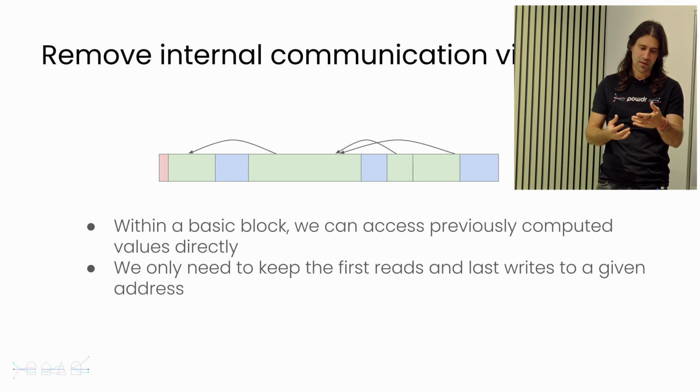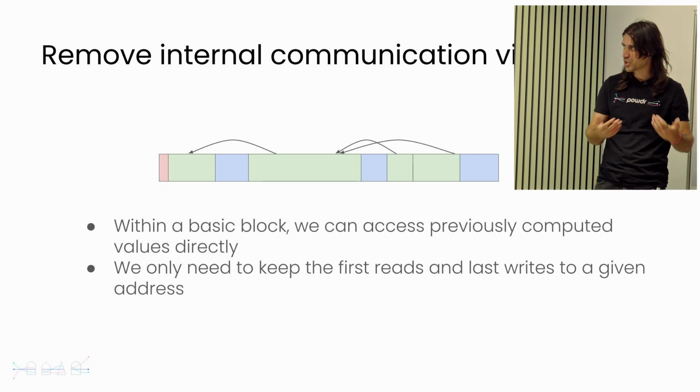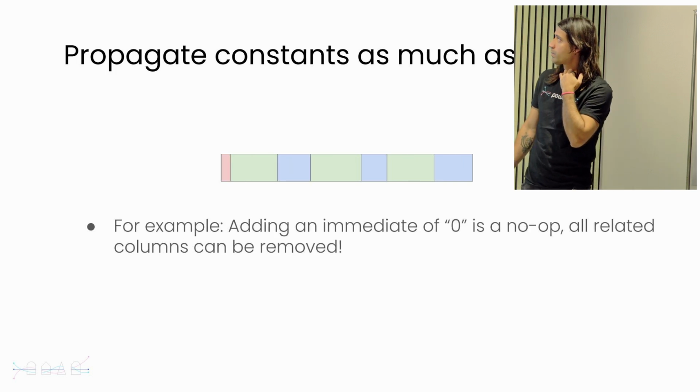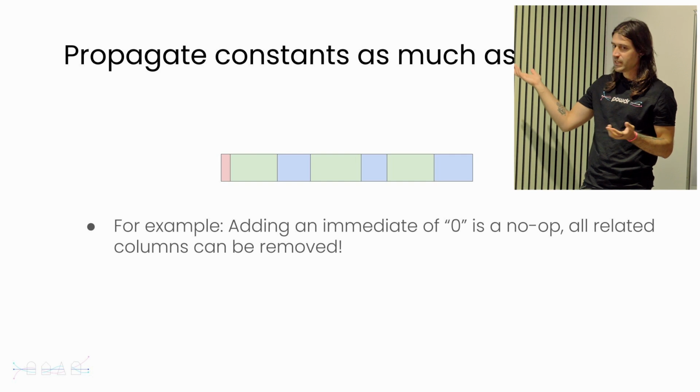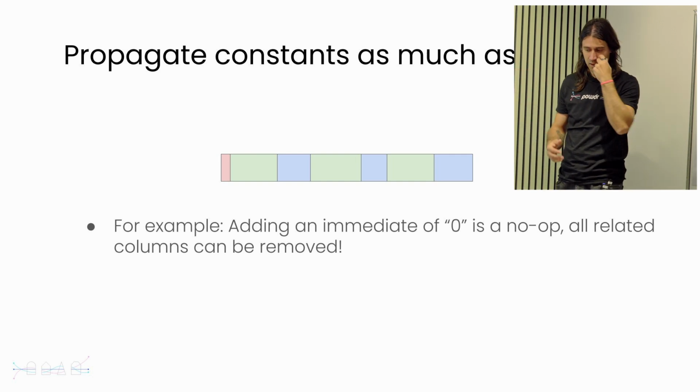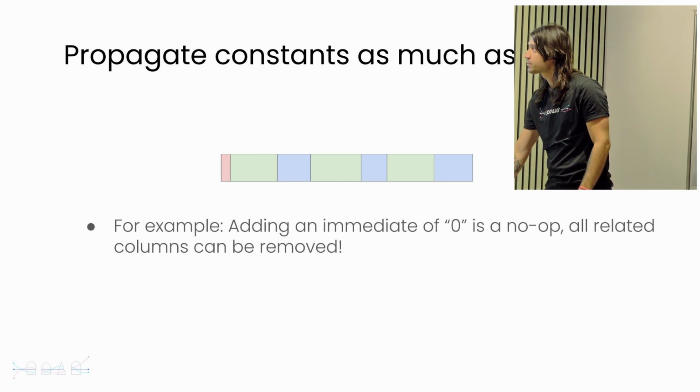So now we can say, okay, I'm writing to a location, and then I'm immediately reading from it again. I don't need this write and read. I can just merge these two things. And the same thing then, if you end up seeing that something is a constant, you can propagate that constant and start simplifying or even solving for a lot of constraints.